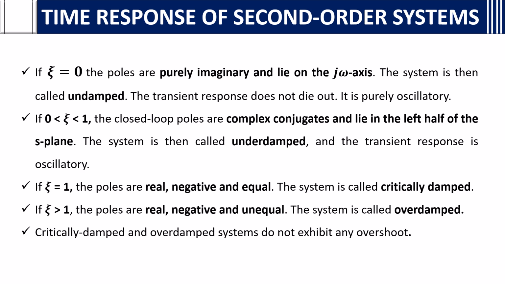If xi is 0, the damping ratio is 0, and the poles are purely imaginary and lie on the j omega axis. If you draw the axes like this, this is called the S plane, this is the minus side, this is the plus side, and this is plus j omega, the imaginary axis, and minus j omega, also imaginary. When xi is 0, the poles are purely imaginary and lie on the j omega axis, and the system is called undamped.